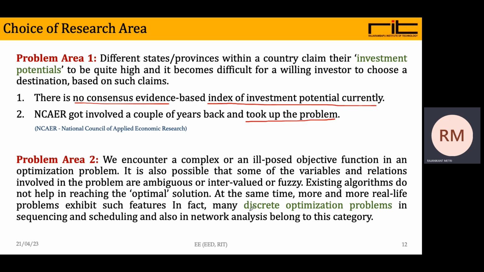Another problem is the discrete optimization problem. We encounter complex or ill-posed objective functions in an optimization problem. It is also possible that some of the variables and relations involved are ambiguous, with no clarity, or interval-valued, like fuzzy. Existing algorithms do not help in reaching the optimal solution in such cases, yet more and more real life problems exhibit such features.